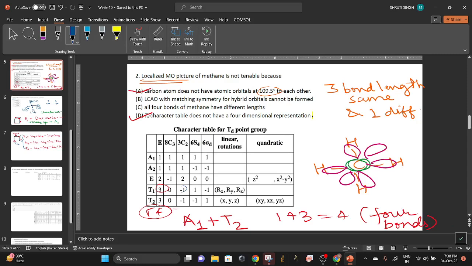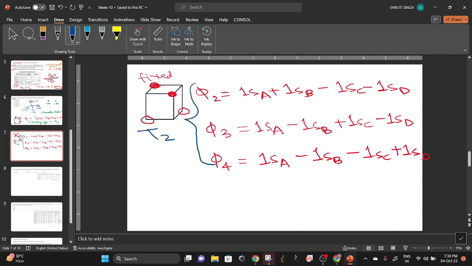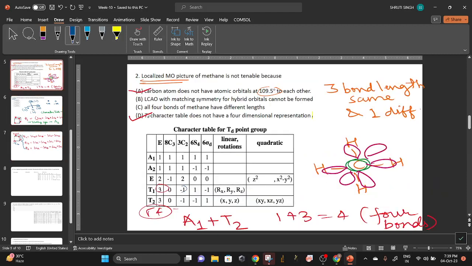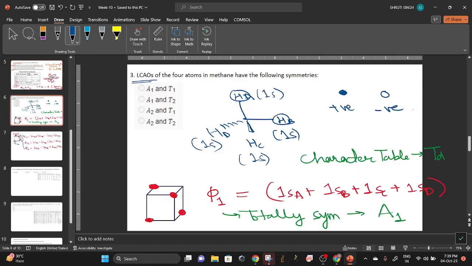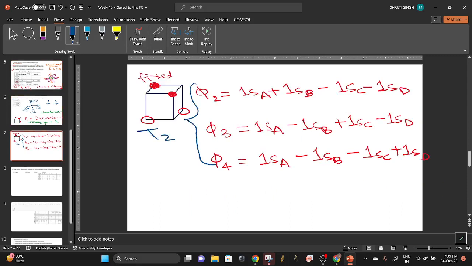And with respect to sigma D, sigma D means along 2 bonds, 2 will change places. I'm not clear about sigma D, but along S4 it is anti-symmetric. Maybe that's why it's T2. Okay, let's take it as it is. So it is T2. I'm not very sure why this is not T1.